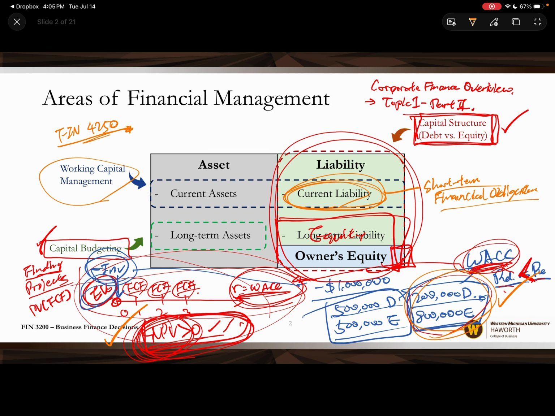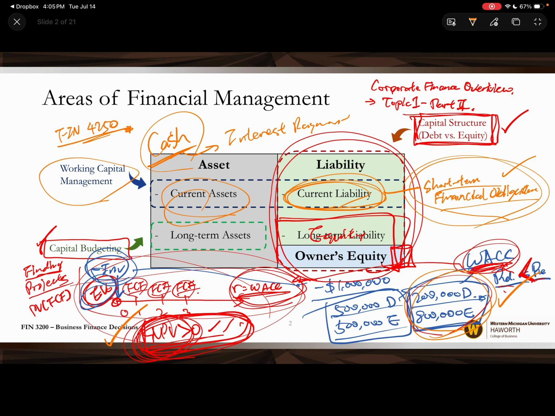Okay, so you want to meet the interest payments, so you want to hold enough cash in the firm so you can make those interest payments. But you don't want to hold on to too much cash that you forgo these other profitable investment opportunities. Okay, so it's finding the balance between holding enough cash to make sure you don't go bankrupt, but making sure you're still investing to increase the shareholder value. Okay, so these are the three areas of financial management.